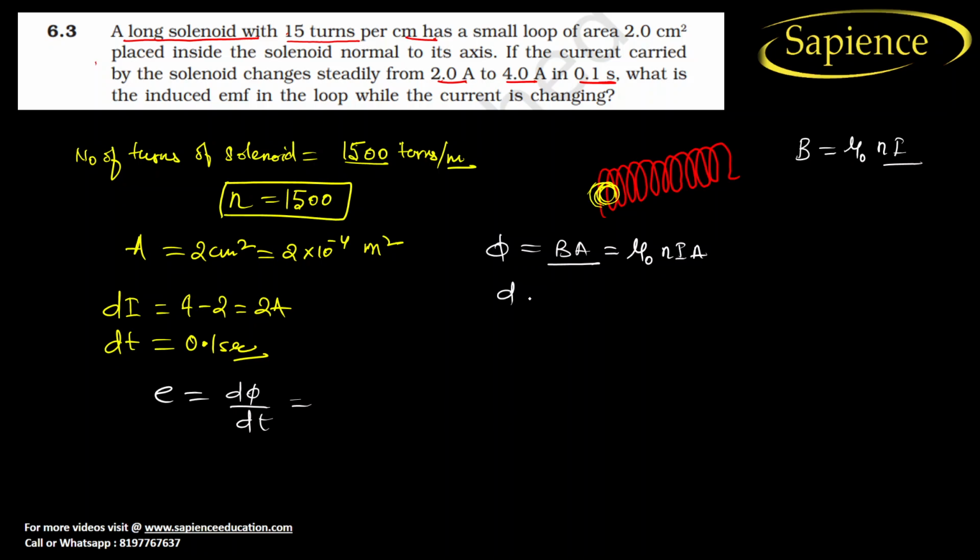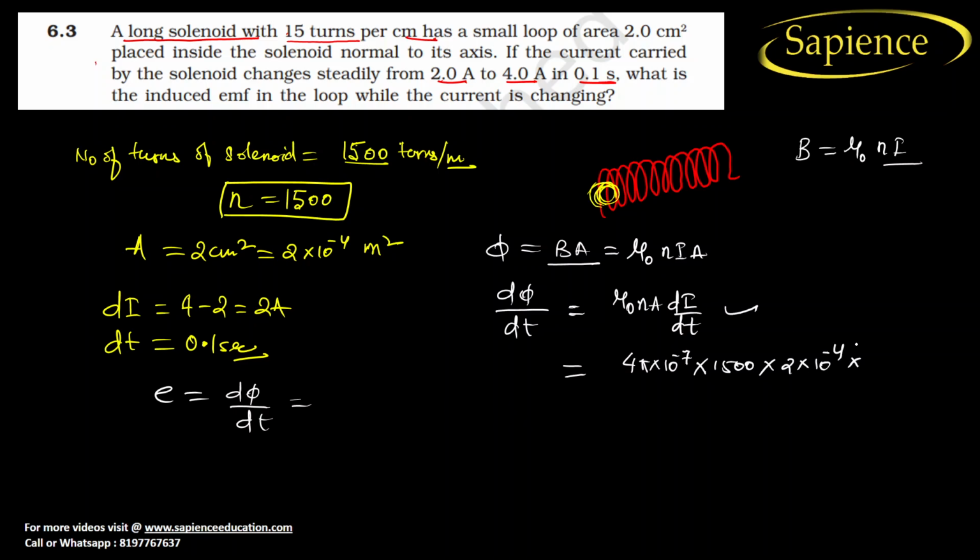Now if you want to find d phi by dt, how will we use it? d phi by dt is equal to mu naught N A di by dt. Got it? So mu naught is equal to 4 pi into 10 to the power minus 7, we have already discussed, into number of turns 1500, into area of cross section 2 into 10 to the power minus 4.